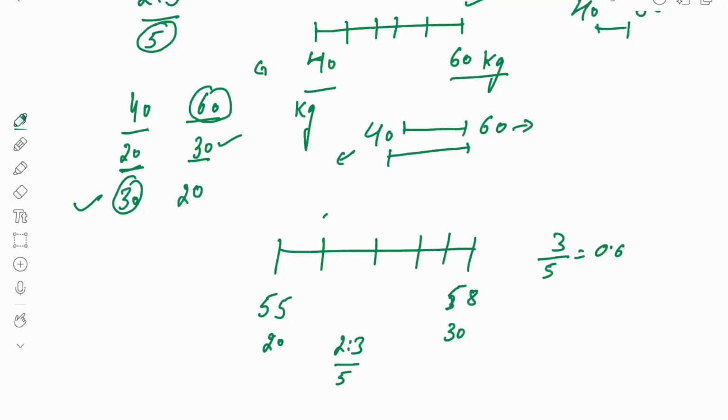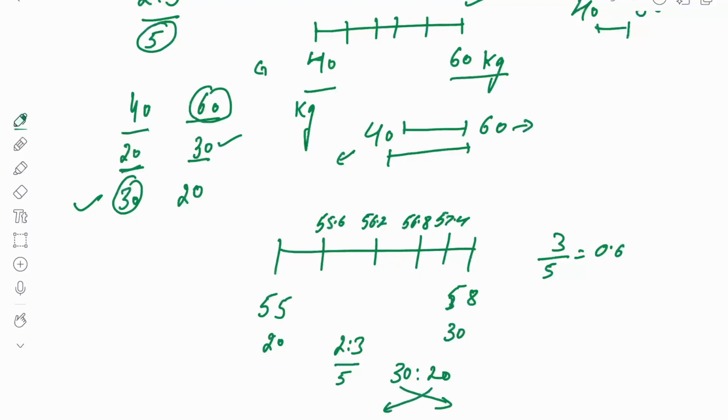So thus we put the numbers as 55.6, 56.2, 56.8, and then 57.4, right? And then 58 eventually. Now, because it was 2:3 ratio, had it been 3:2 ratio, suppose there were 30 girls and 20 boys with the same averages, then the weight gets transferred like this.